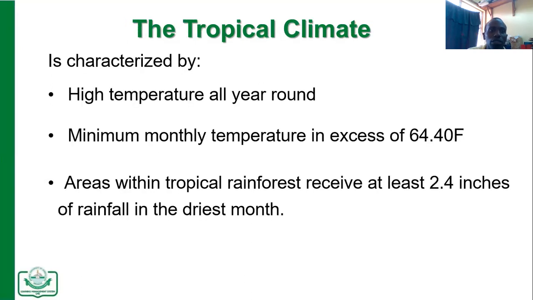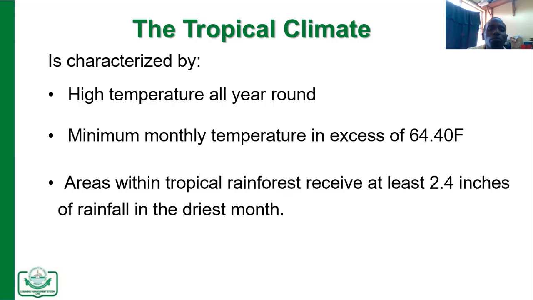The tropical climate is mostly characterized by high temperature all year round. Within the tropics, the area falling under tropical climate, the temperature is always very high all year round, as we can see in Nigeria, what we usually feel.